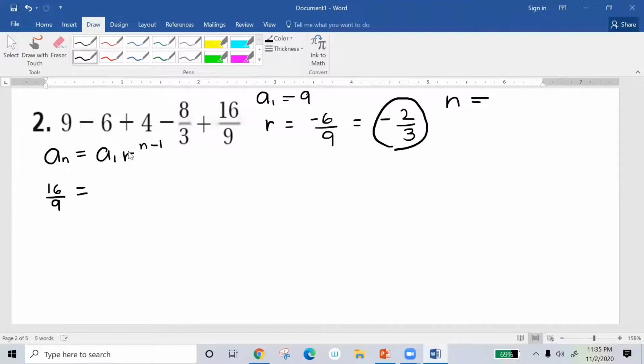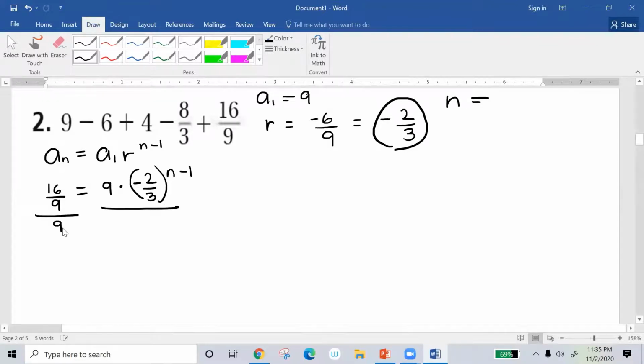A sub 1 is our first term, which is 9, times our common ratio is -2 over 3 raised to n minus 1. Divide both sides by 9 to make negative 2 over 3 raised to n minus 1 alone.